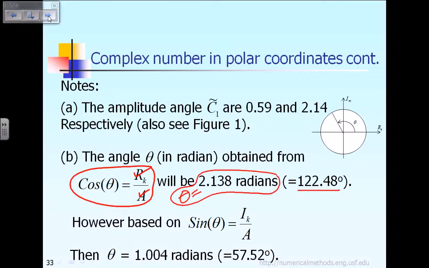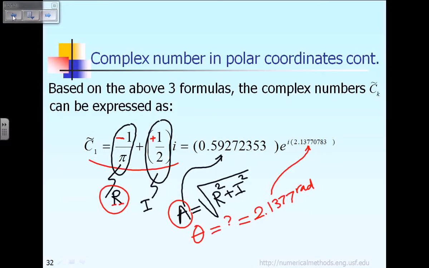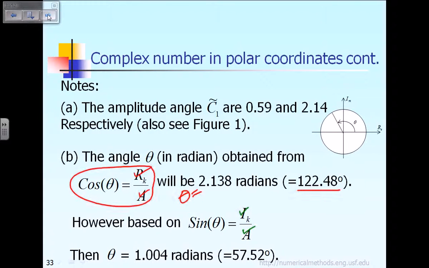122.48 degrees. However, if you calculate the angle theta by using a different formula, like sine of theta is equal to I_k over A, you know the imaginary part is equal to plus 1/2, and the amplitude A is equal to 0.59.